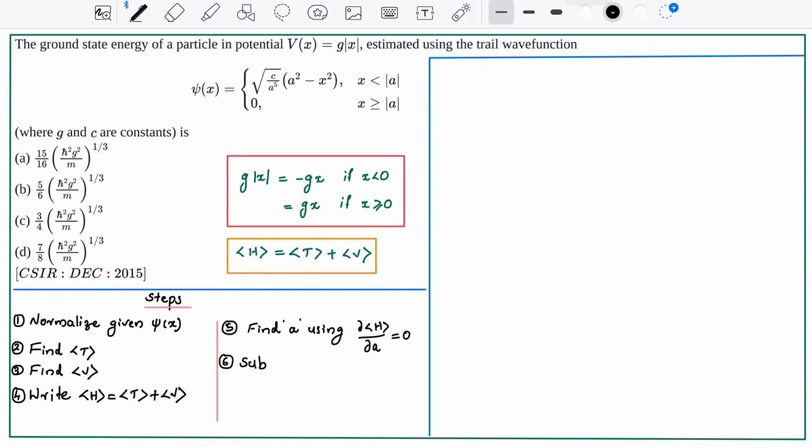Now once you find A using the above equation, substitute the value of A in H, that is equal to the expectation value of T plus V, to find out the ground state energy of the particle. These are the steps we have to follow.